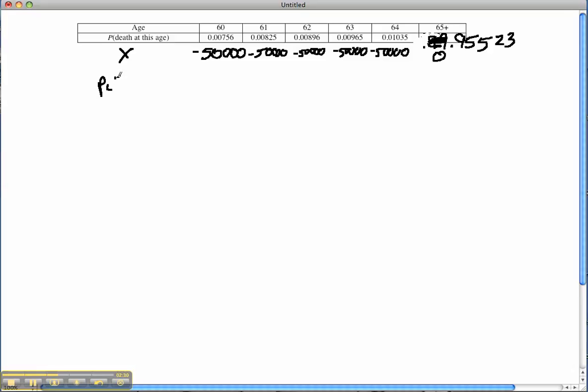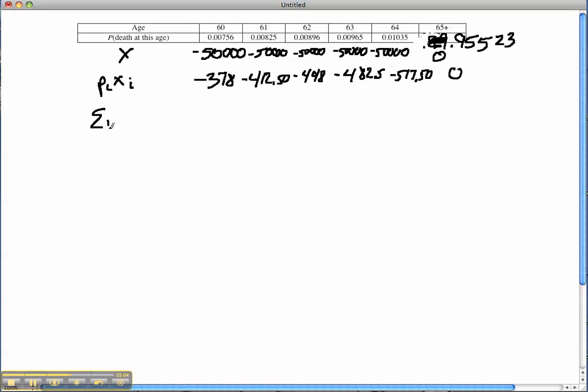So now if we figure out P(x) times x, we're going to end up getting the following numbers. I used my calculator and came up with: negative 378, negative 412.50, negative 448, negative 482.50, negative 517.50, and the last one is 0.